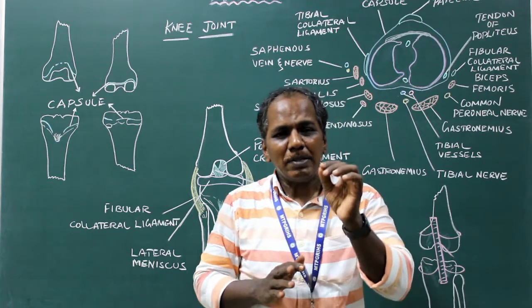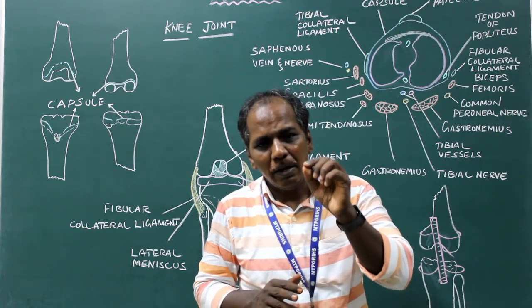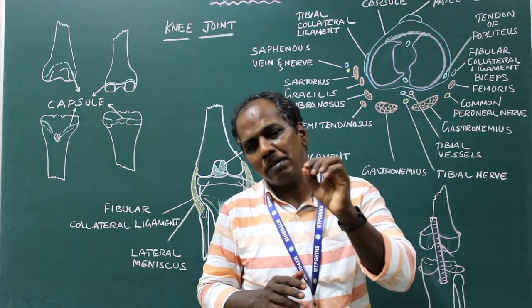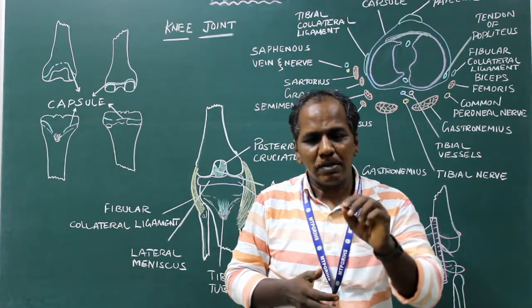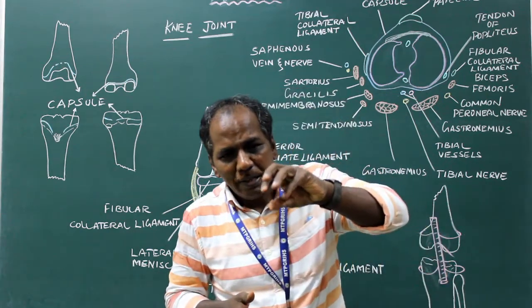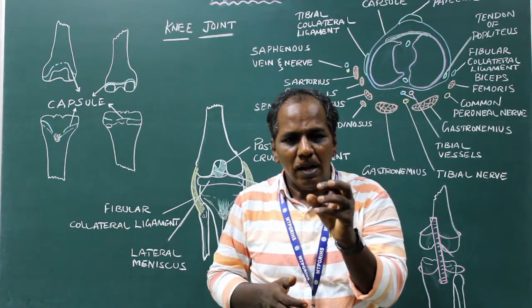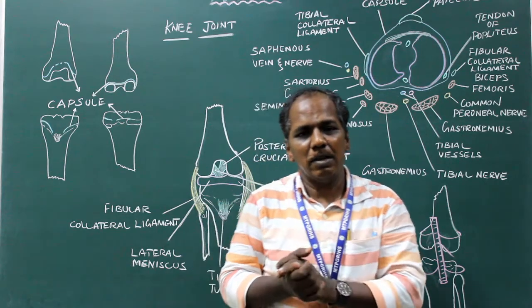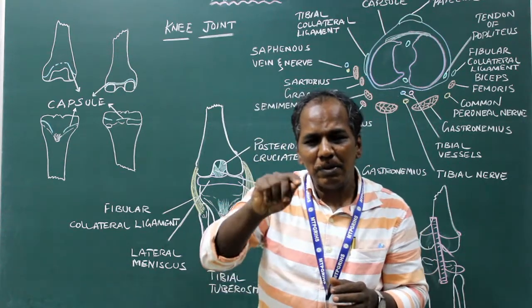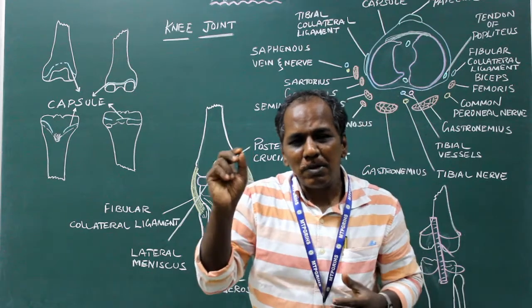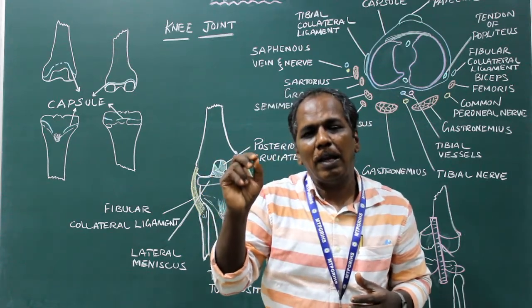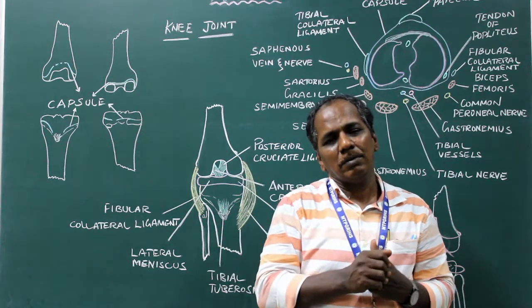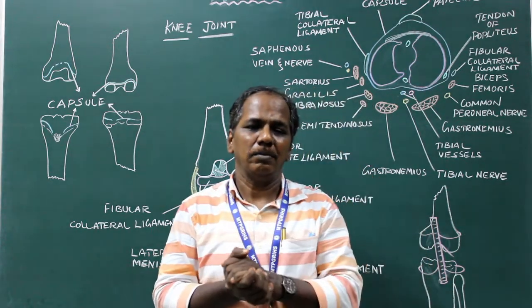The muscle responsible for the locking and unlocking of the knee joint is popliteus. So extension and medial rotation, and flexion and lateral rotation of the knee joint, that is the screwing movement, is known as the screw home movement or locking and unlocking movement of the knee joint.